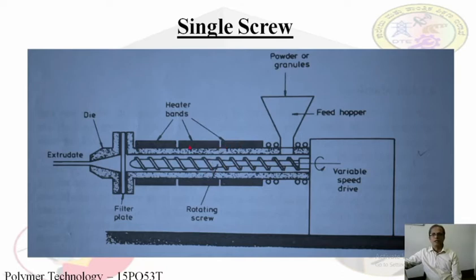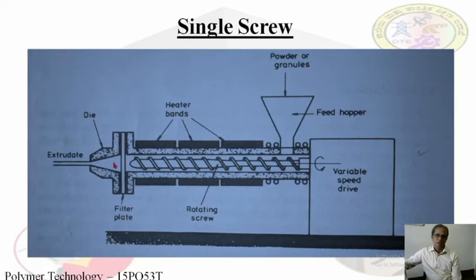A number of heaters, these are band heaters, circular heaters, are placed in the first section, middle section and at the exit section. This is called the feed section. From here to here is the feed section, and here the compression section, and from here to here is the metering section.